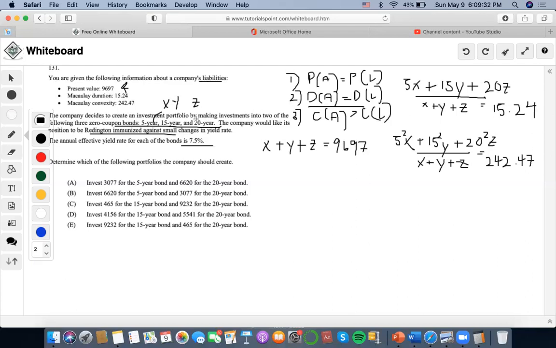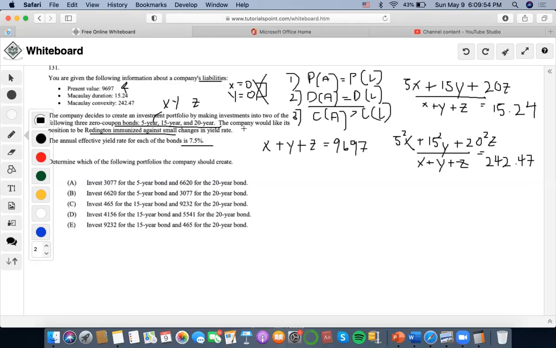So Z cannot be equal to 0. It's only either X or Y that could be equal to 0, and we have to test both of these out.